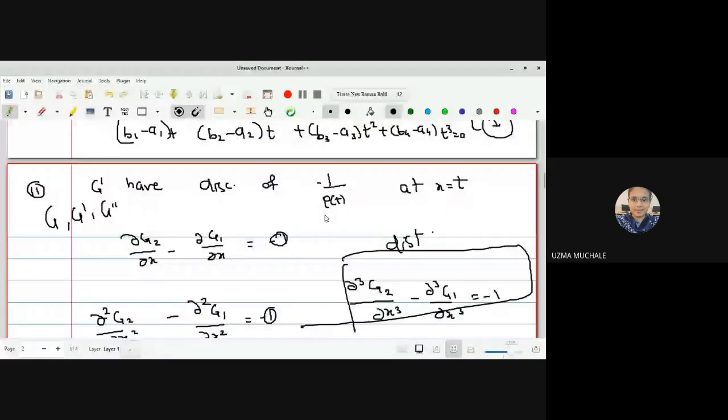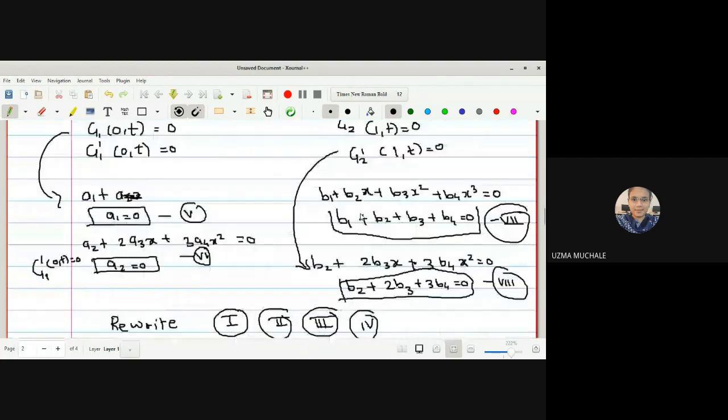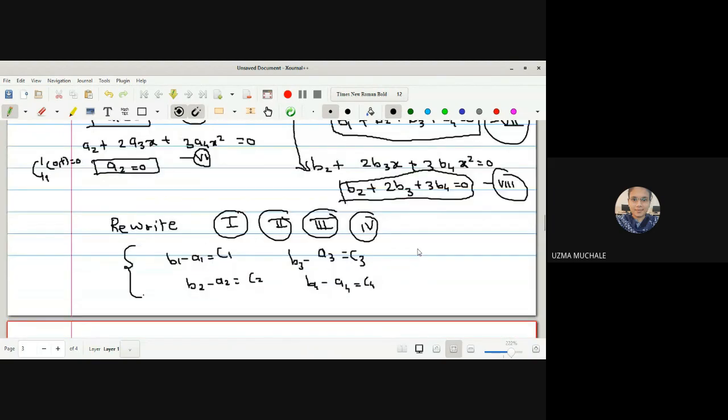We have to check the continuity at G, G dash, G double dash and discontinuity at the third order. So firstly you have to write down these equations and try to solve these equations. Considering the next equation, what are the equations?